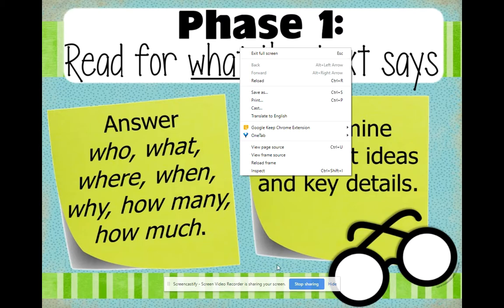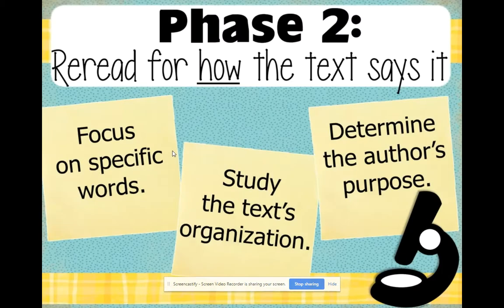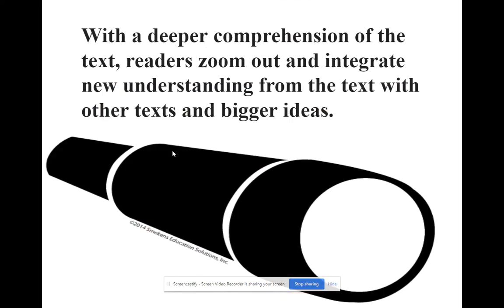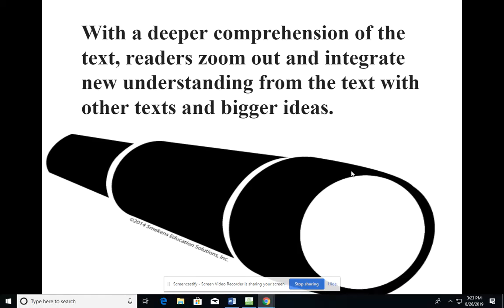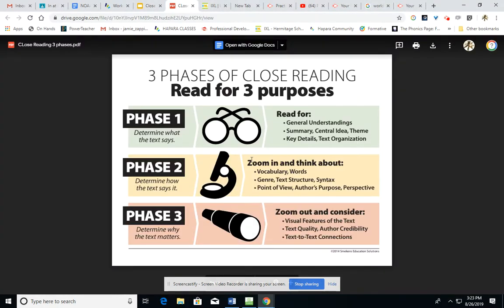And in fact, I kind of want to exit out of this PowerPoint and first talk about looking at all 3 phases together. So first phase of close reading is looking at what the text in fact says. That's where summarizing comes into play.